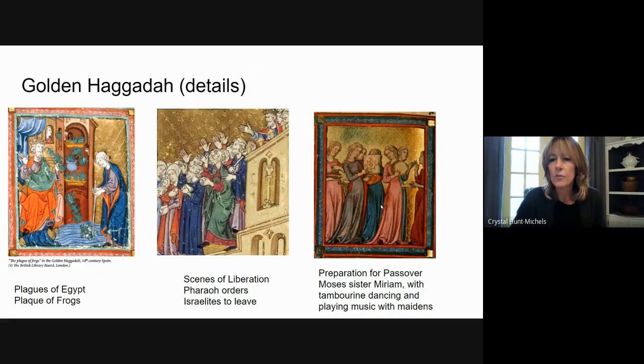And then this was for the preparation of Passover, and you can see the musical instruments and that Islamic symbol there in the middle, where they're producing music and dancing for celebration.